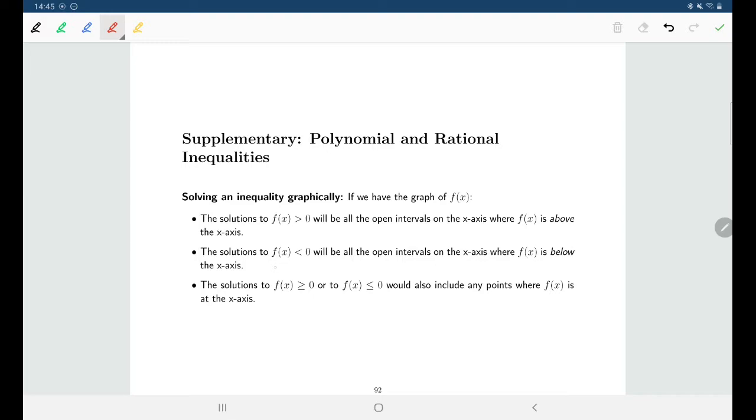If you're looking for where is f of x less than 0, in other words, where are the y values less than 0, where are you below the x-axis? And of course, for greater than or equal to or less than or equal to, you're interested in where you're above the x-axis or where you're below the x-axis, but also including where you are exactly at the x-axis, where it is equal to 0. So for these inequalities, really it's just a question of where are you above or below the x-axis.